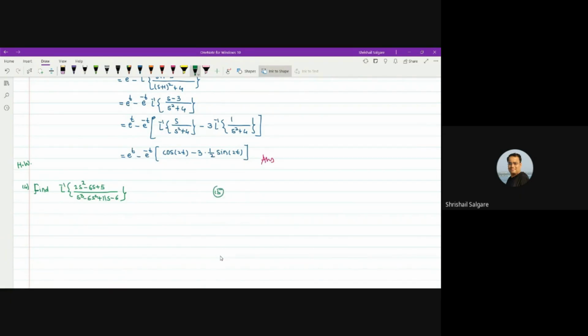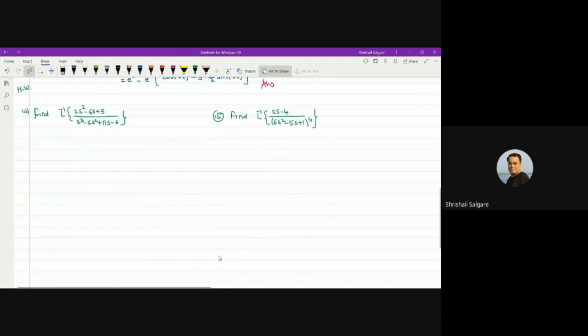Next one, 15 suppose. So find L inverse of (2s minus 4) divided by (6s square minus 5s plus 1) bracket raised to 4. And I am assuming that all of you are solving these examples as homework. 16.